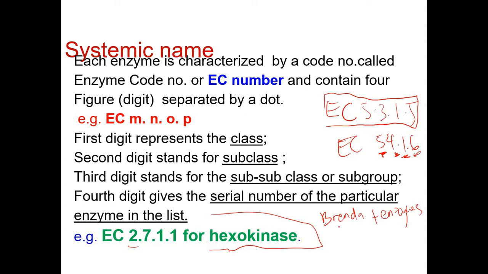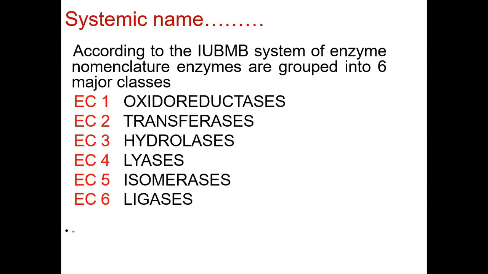This is the website for all the enzymes that exist. It will give you the cofactor of that enzyme, the optimum temperature of that enzyme, all the details that you might need. Those are all experimental results or experimental details.